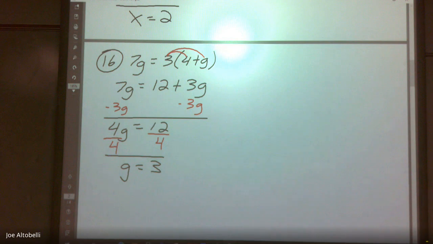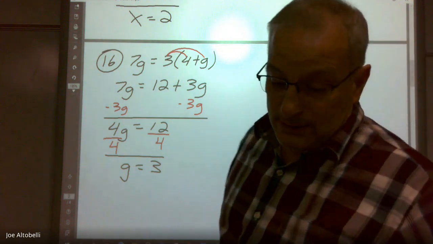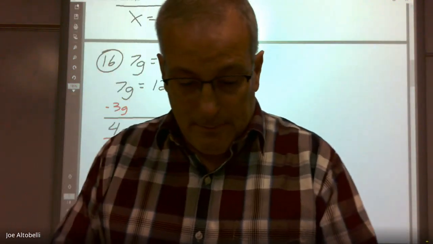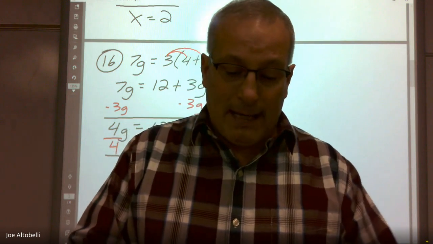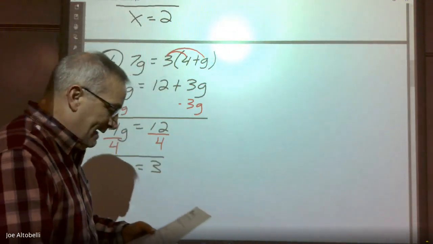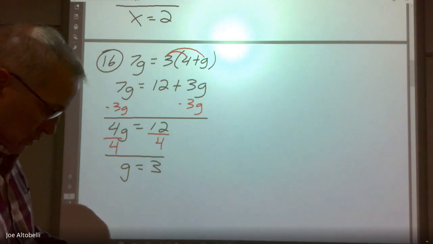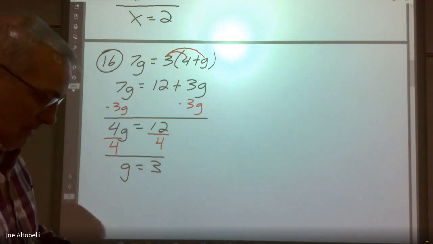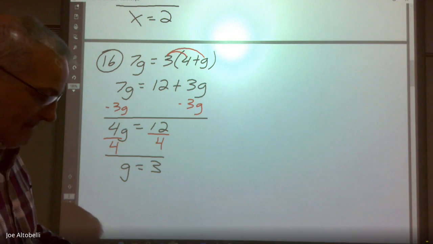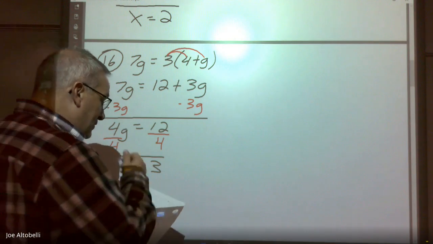Now normally I'd say, do you have any questions? I can't tell how long the recording is. So your assignment is front and back, 1 through 18. Let's do this. Page 20.